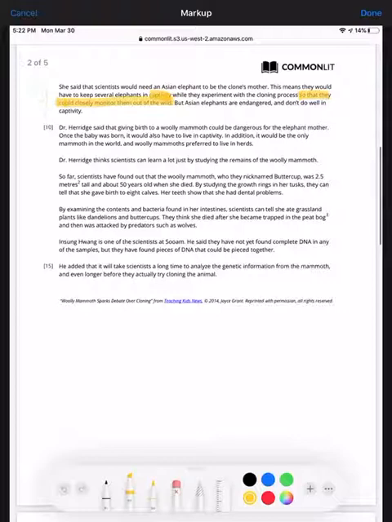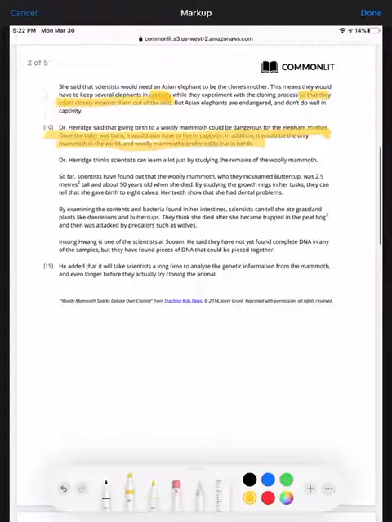This means they would have to keep several elephants in captivity while they experiment with the cloning process, so that they could closely monitor them out of the wild. But Asian elephants are endangered and don't do well in captivity. Dr. Harridge said that giving birth to a woolly mammoth could be dangerous for the elephant mother. Once the baby was born, it would also have to live in captivity. In addition, it would be the only mammoth in the world, and woolly mammoths prefer to live in herds.